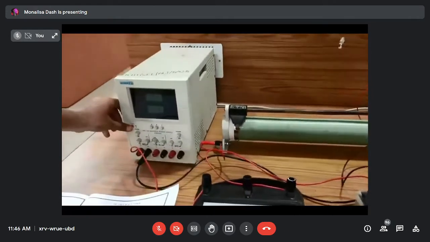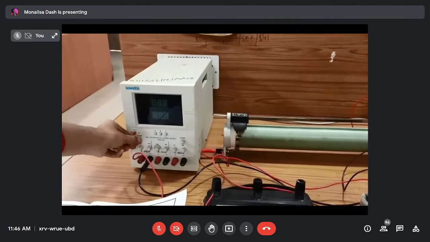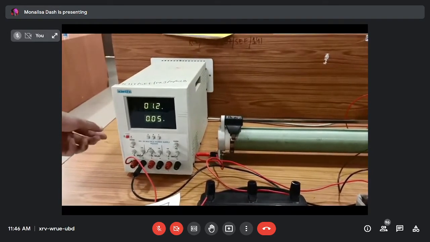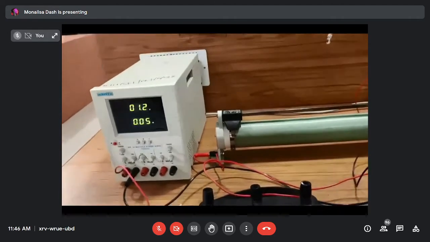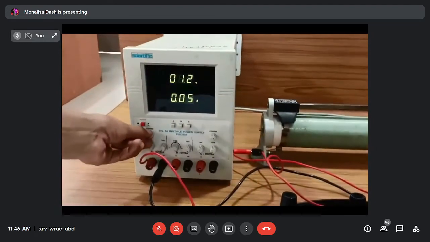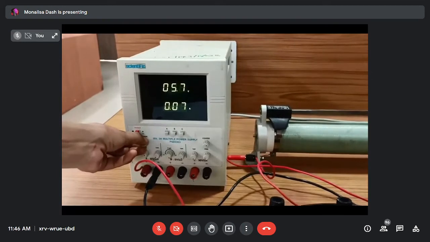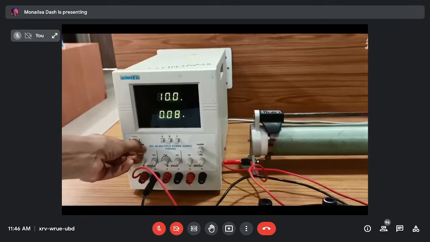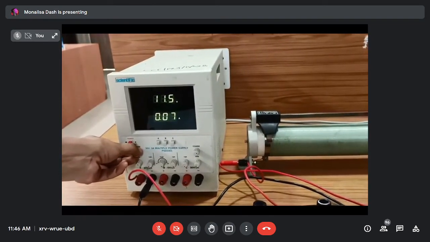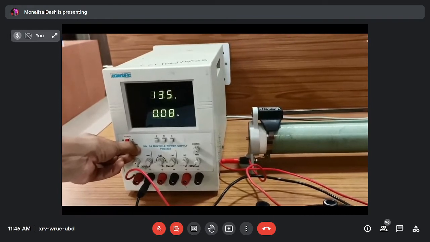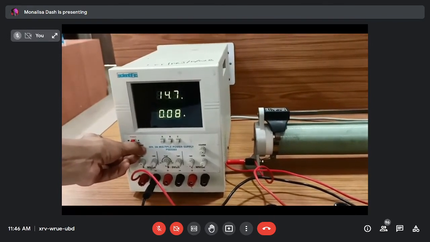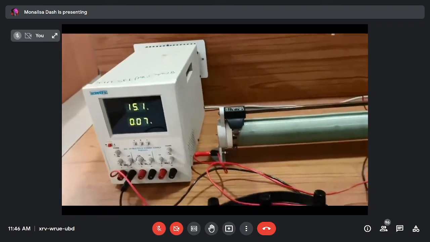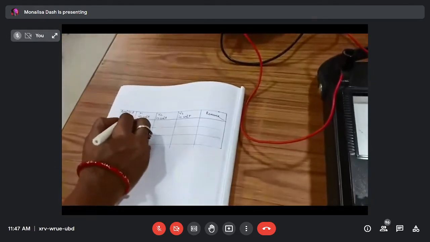Then switch on the regulated power supply and adjust it to 15 volt. This is 15.1, approximately 15 volt. Applied voltage is 15 volt.